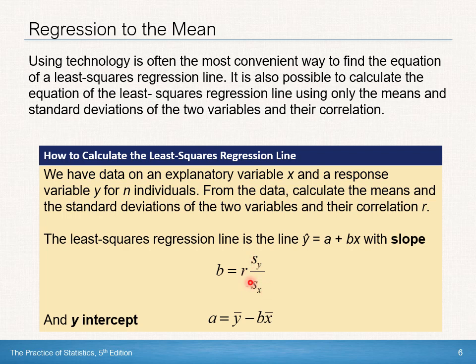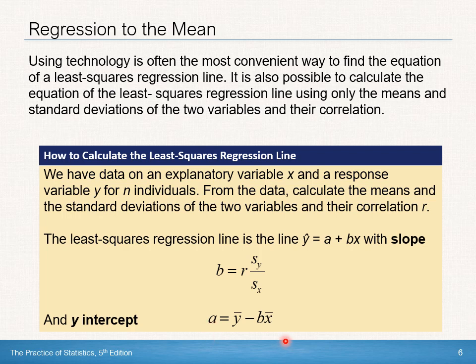Then a ratio of the standard deviations times r is equal to b, the slope of our best fit line. Once we have b, if we also know x bar and y bar, we can plug them into this equation, and that gives us our a, or our y-intercept.